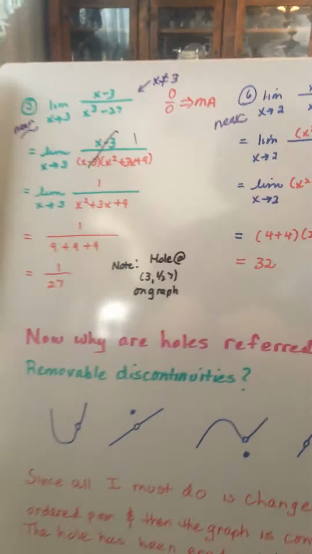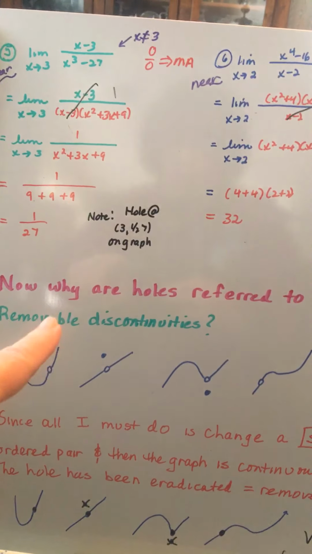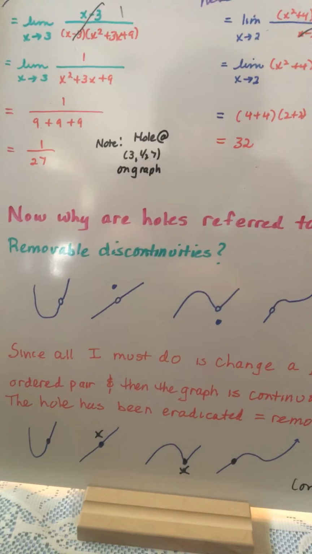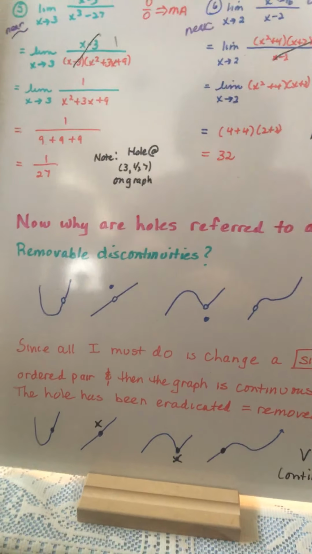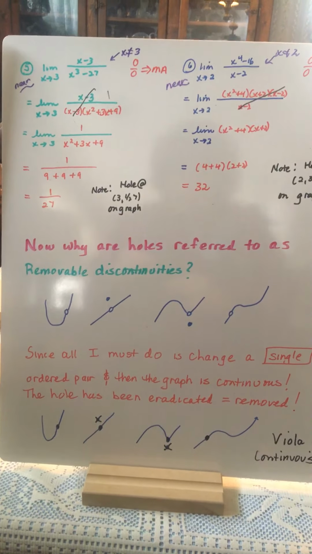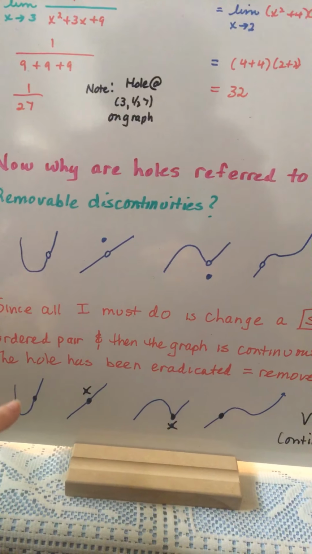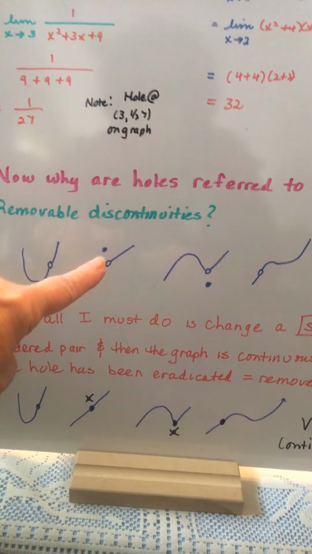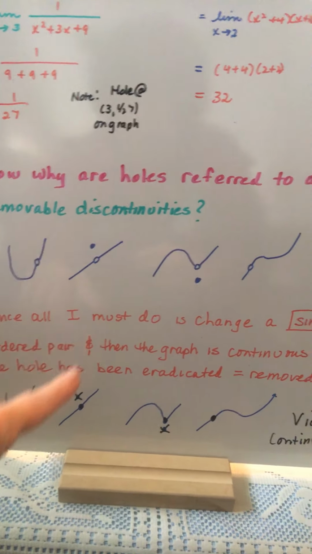Now, why are holes referred to also as removable discontinuities? Well, here's the pictures that I had on the first page. Since all I must do is change a single ordered pair, and then the graph is going to be continuous, the hole has been eradicated or removed. So notice, plug it in, change its place, change its place, change its place, change its place, plug it in, and then voila, it's going to be continuous.